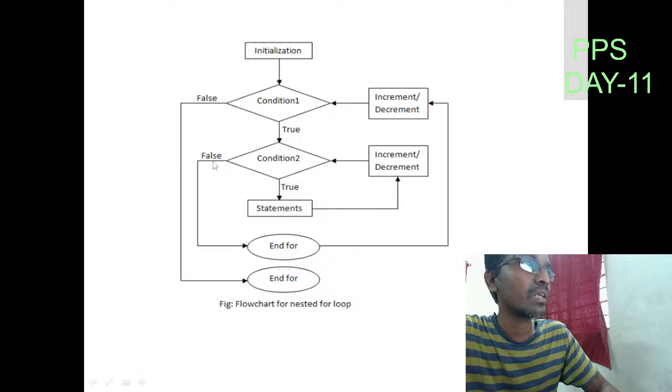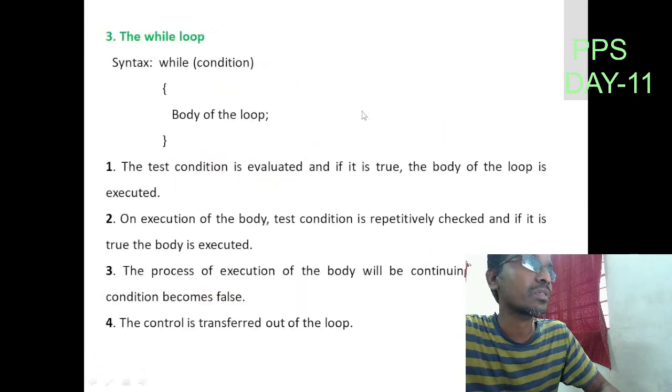If it is false, then it will terminate the inner block, and again it will go to the outer block and increment the outer block value. Like that, when the outer block condition also becomes false, it will terminate the process. So this is a flowchart diagram for nested for loops.